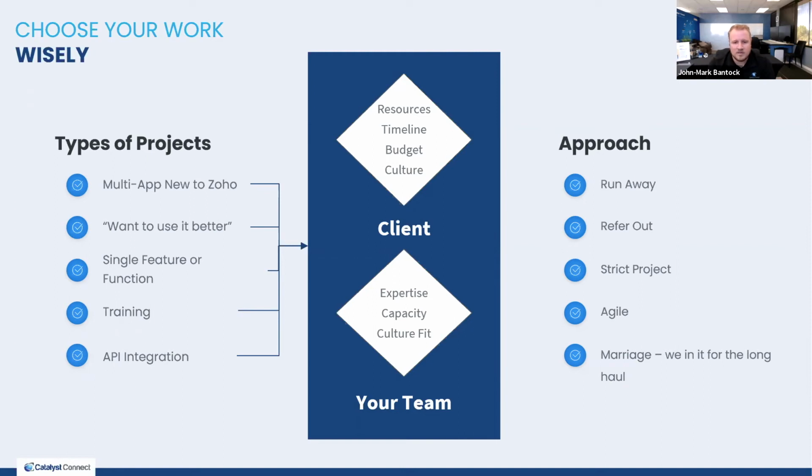And we've run both scenarios, and both are okay. But you need to understand the implications upfront and plan for it, because the last thing you want is to get into a situation where your company is set up to be able to turn over implementations, and then all of a sudden you have half of your team stuck on dedicated projects for the next year, where that may not fit with your strategy.